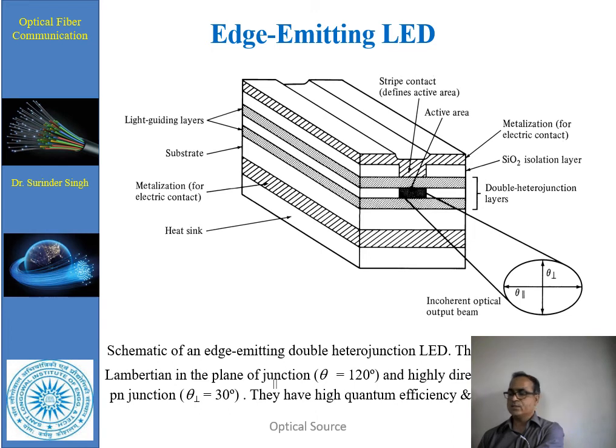To match a typical fiber core diameter of 50 to 100 micrometers, the contact stripe for the edge emitter is 50 to 70 micrometers wide. The length of the active region is from 100 to 150 micrometers.